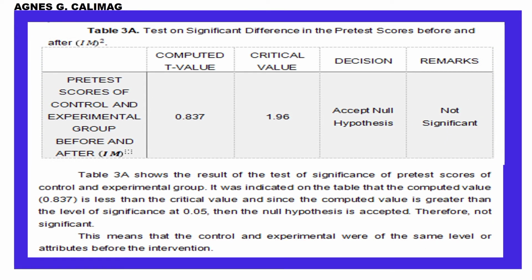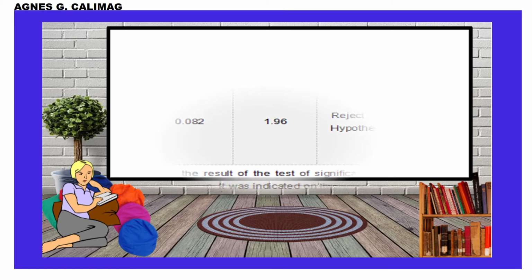The next table shows the result of the test of significance of pre-test scores of control and experimental group. It was indicated on the table that the computed value is less than the critical value. And since the computed value is greater than the level of significance at 0.05, then the null hypothesis is accepted.